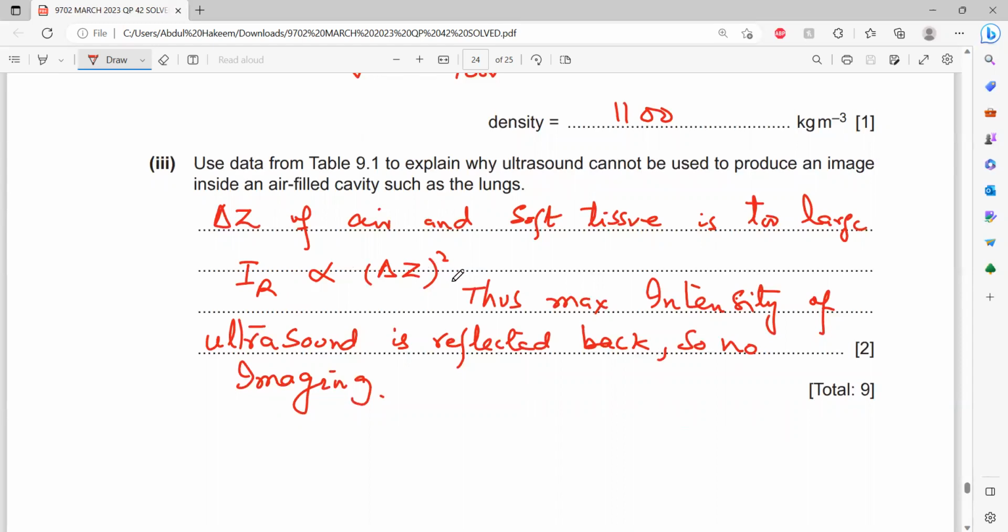Very little is transmitted, which is not sufficient to produce any image. Thus, the maximum intensity of the ultrasound is reflected back, so no imaging is possible. Because of negligible transmission, almost 100% of the intensity is reflected back. No transmission through the medium, so no imaging.